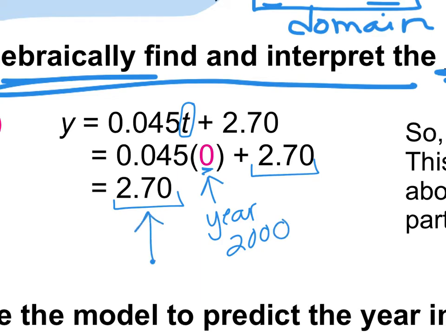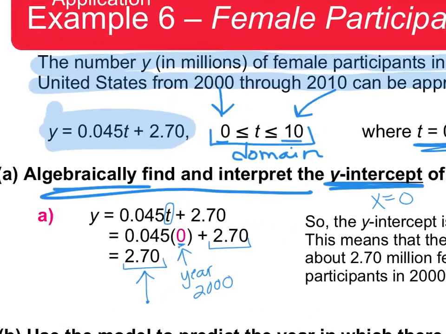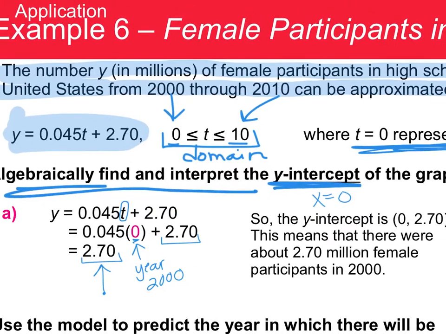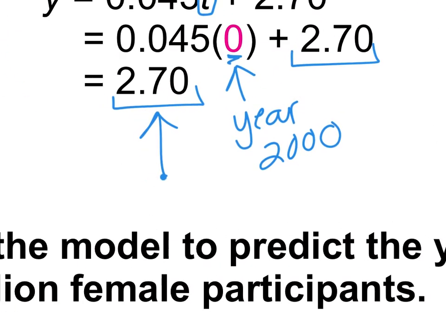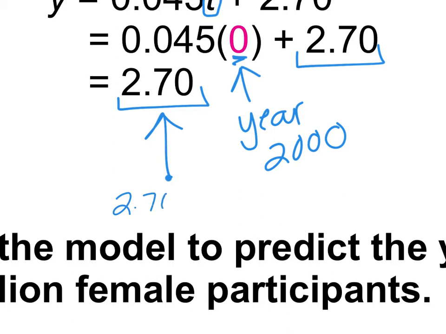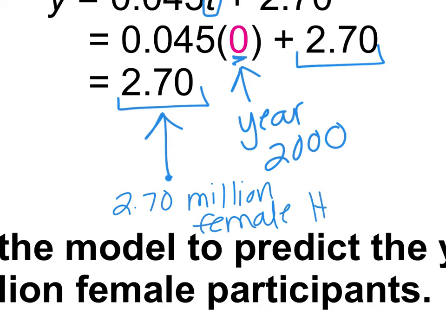Then our answer, if we go back, what are we representing? We're representing y, which is millions of female participants in high school athletic programs. So this is 2.70 million female high school athletes. That's what that value is finding.